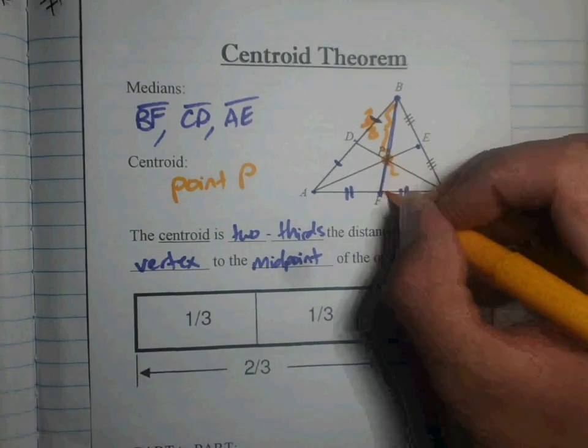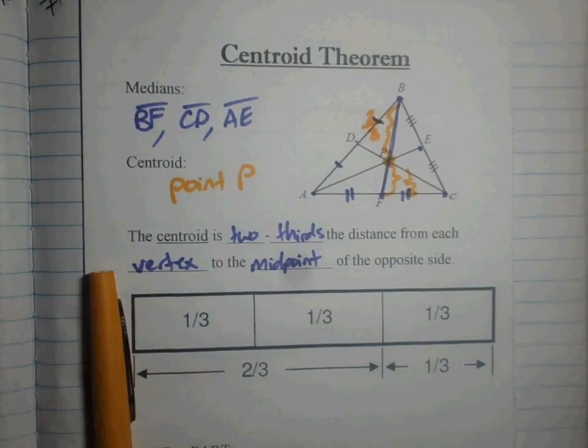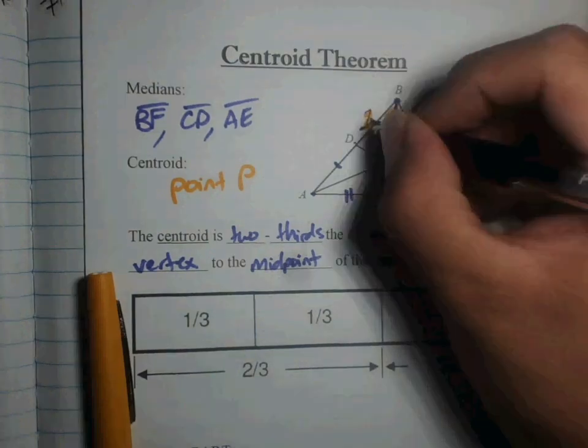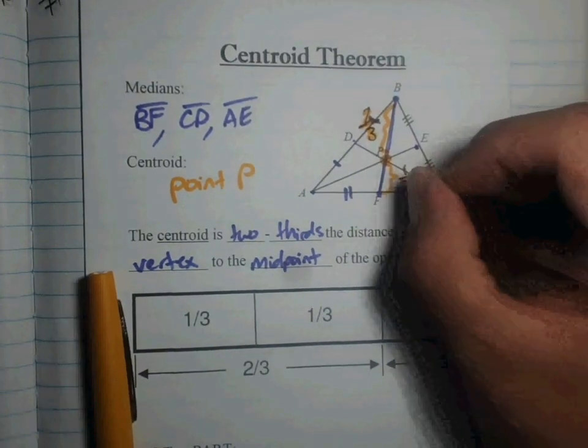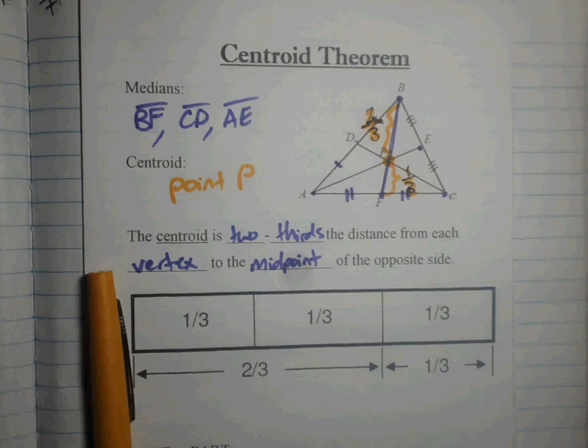It's a cool little thing we look at. Let me use a pen to make that a little darker to see, as opposed to what's highlighted. So it's 2/3 as opposed to 1/3. That's a small detail.